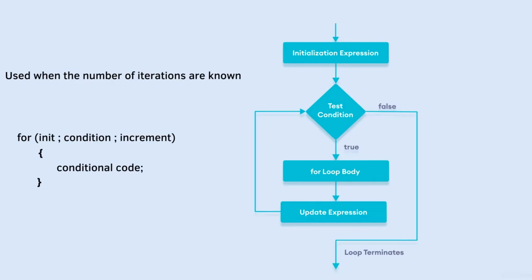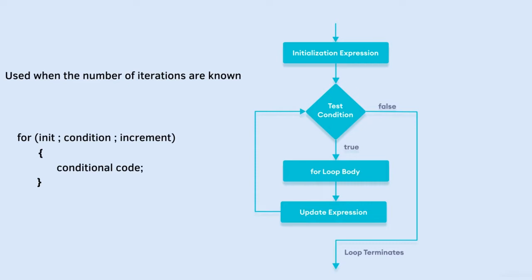I have to increase the value every time I am running this loop. You can also take it in a reverse way, like I started with 100, I need to drag it till 0 or 1, and for that I will decrease the value. So it's all conditional as per your requirement, and inside this you will write the code. So this is how you can write a for loop.